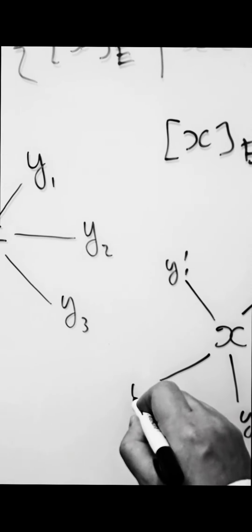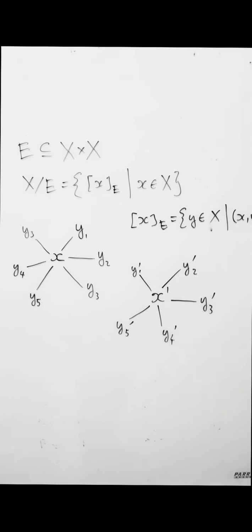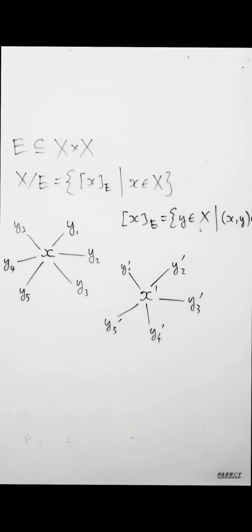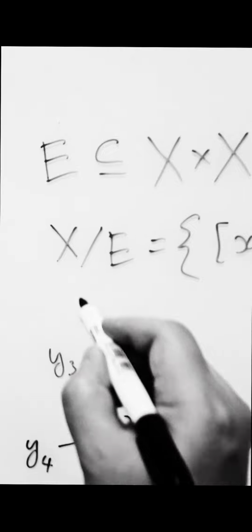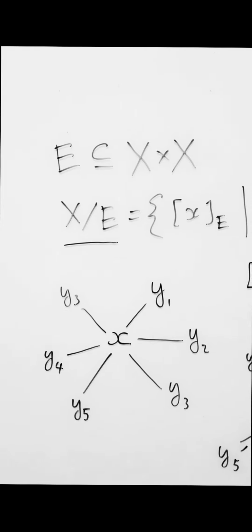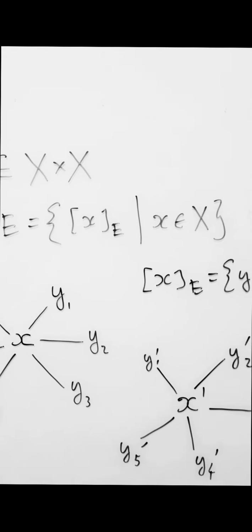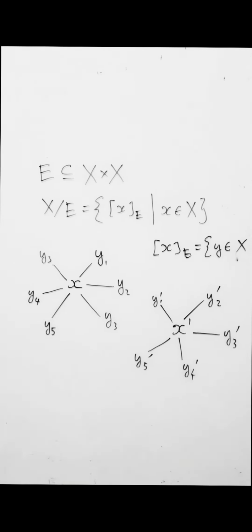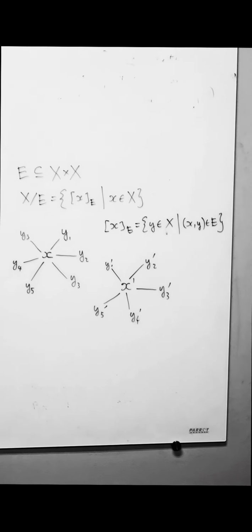Now let's try to understand how these star-shaped diagrams relate to each other. Is there any overlap? In a partition, we want there to be no overlap. So if X over E is to be a partition, we want these equivalence classes to always be non-overlapping, unless they are the same class.